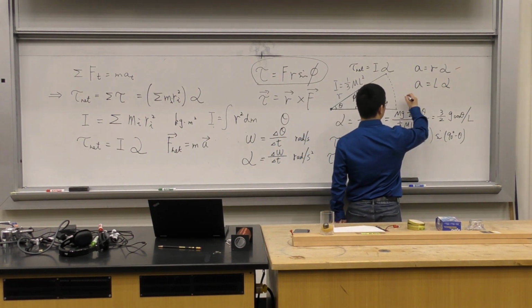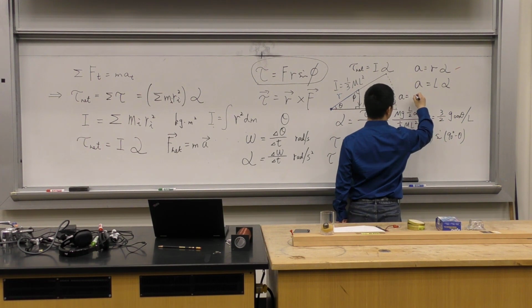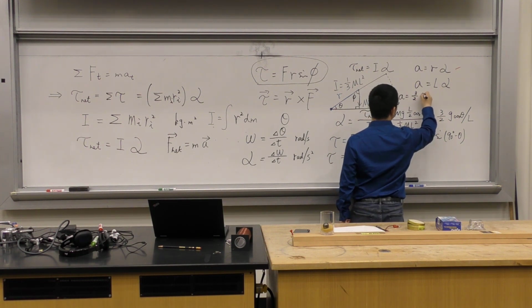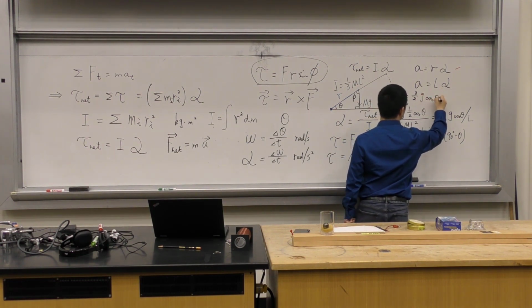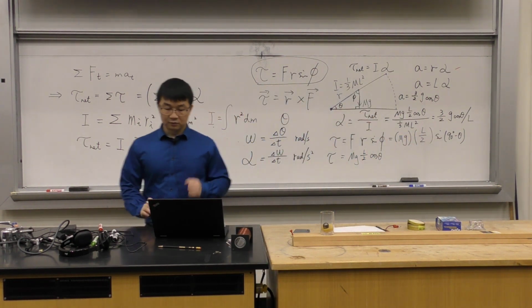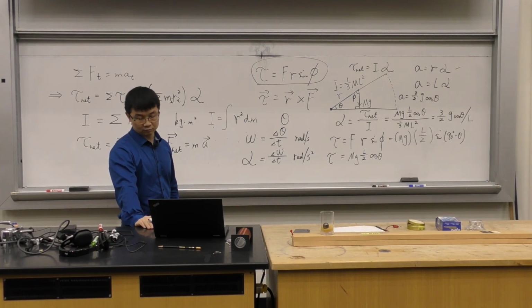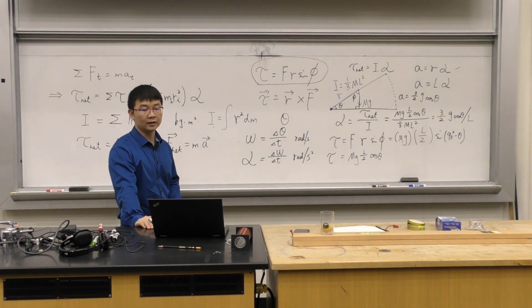So you multiply that by L, and that's just going to cancel that L. It's just going to give you 3 halves g cosine theta. So you see that I only need the theta angle, so I can find the linear acceleration if you want me to give the number.